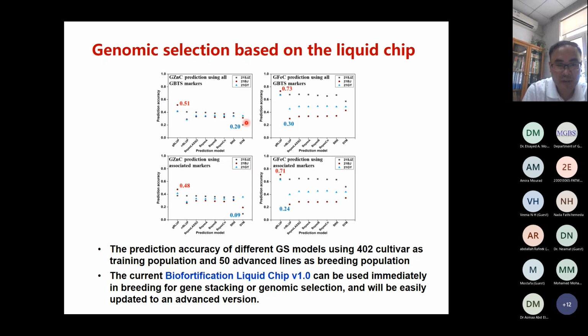So we think this liquid chip can be used immediately in breeding for gene stacking or genomic selection, because this is a complicated trait. It has many genes affecting the trait, and we can pick some major ones, like 20 genes, and the cost is low. As I mentioned, it's 0.05 dollar, 5 cents per sample. You can run it on a pretty large population to select individual plants that have a high chance of having more favorable loci.